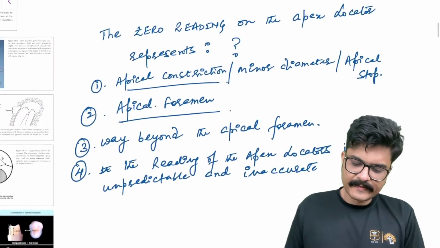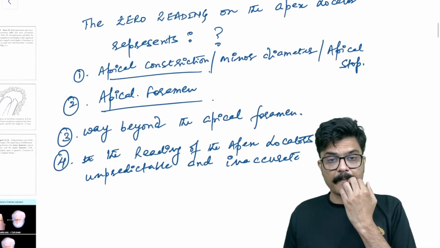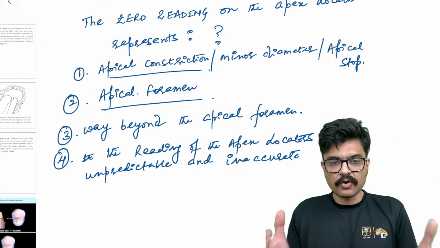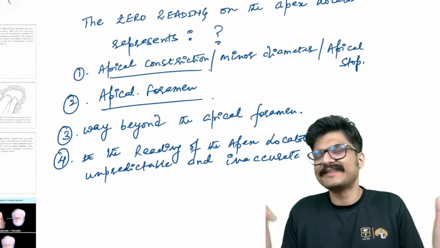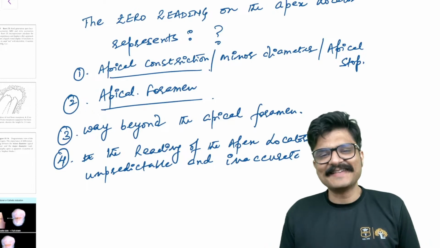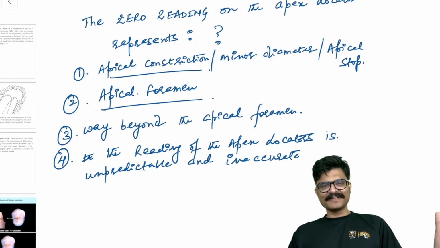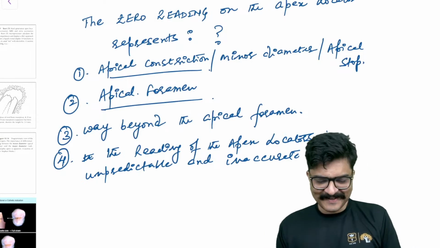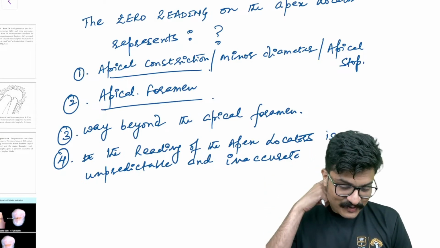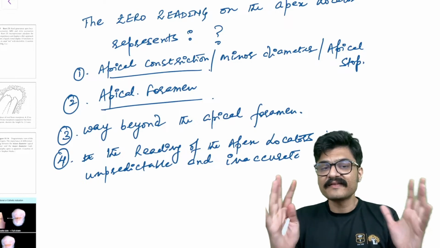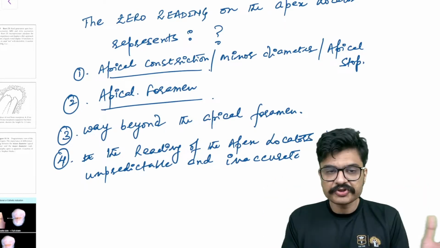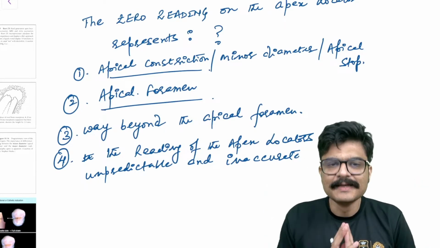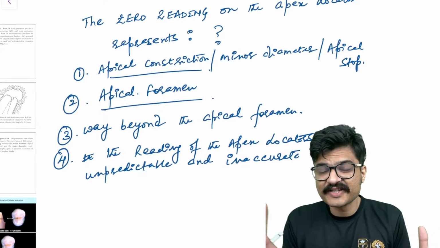All right, guys. Many people who don't know the correct way of using the apex locator think, oh, it's not good. They just reject it. It doesn't work. Right? Anyways, now the question is, what is the confusion? Most of you are able to eliminate 3 and 4. You get confused between apical constriction and apical foramen.